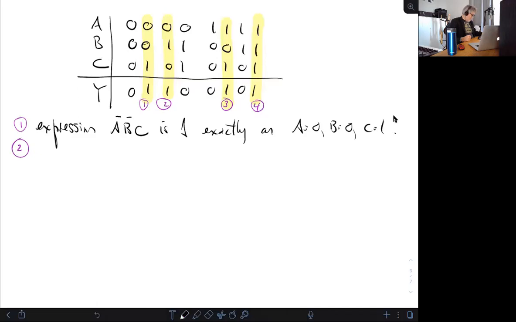Okay, so for the second one, I want an expression that gives me 1 precisely when A is 0, B is 1, C is 0. So I'm going to take expression A bar, B, C bar. Right, so I want 0, 1, 0. All right.